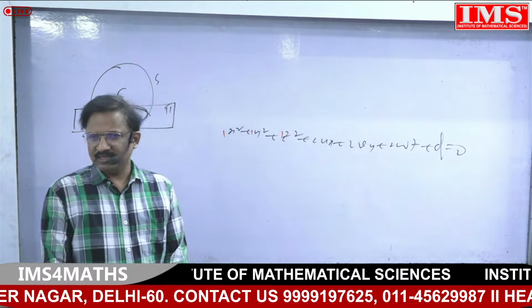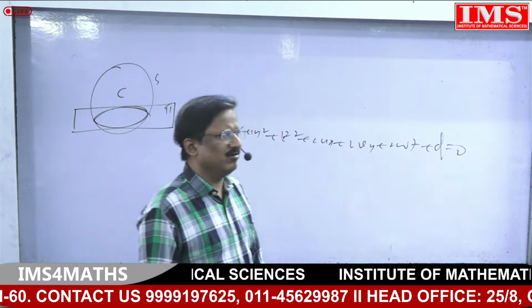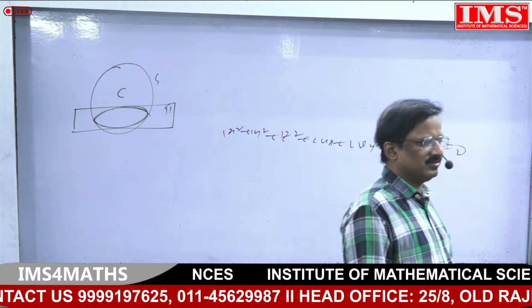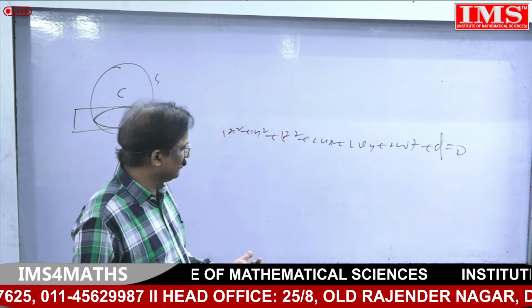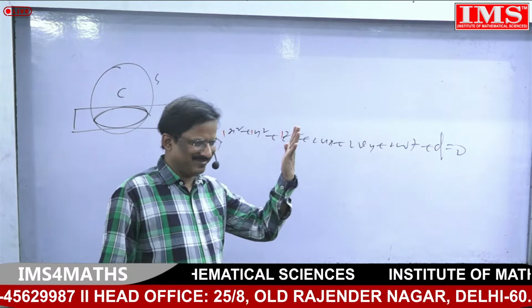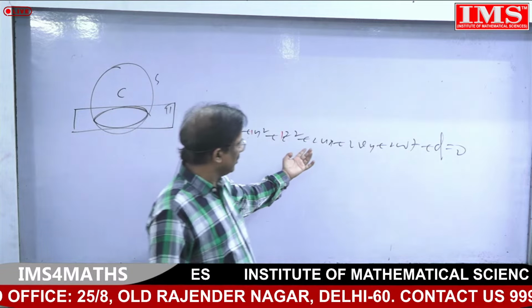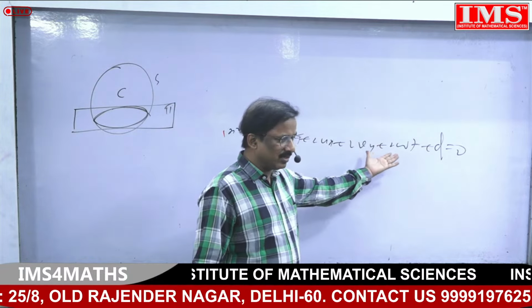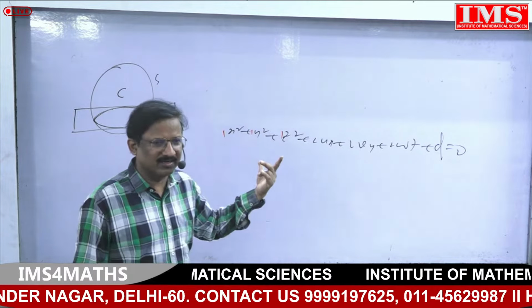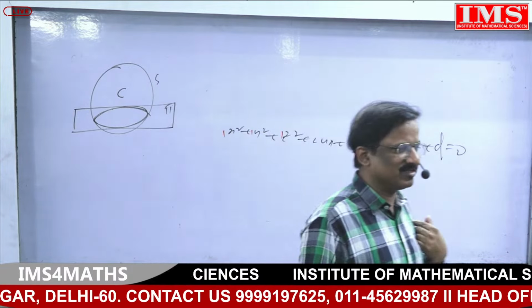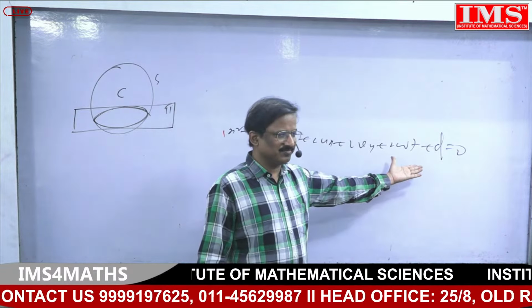Next, in the general equation of the sphere, effectively how many arbitrary constants are there? 3? 4. How do I say 4? u, v, w and d. I can't disturb the d also because my condition, as I told you very first, is that the coefficients of x square, y square, z square must be the same. When it is the same, obviously I can't disturb the d also.